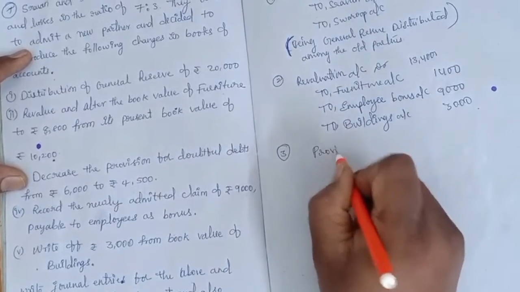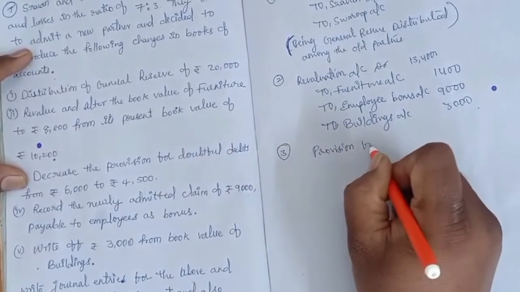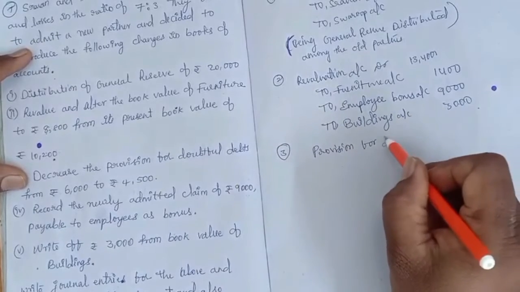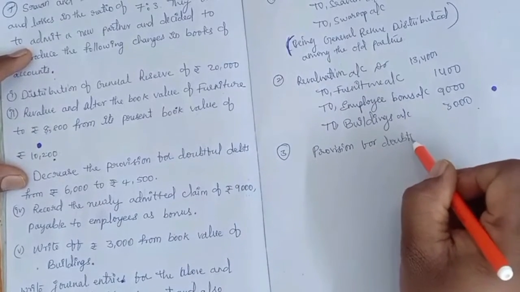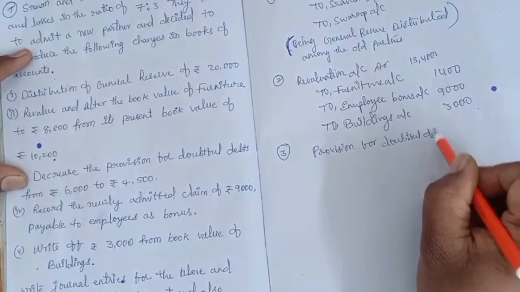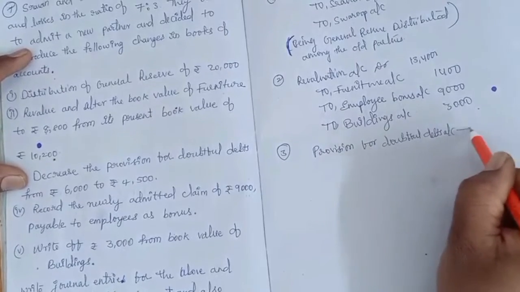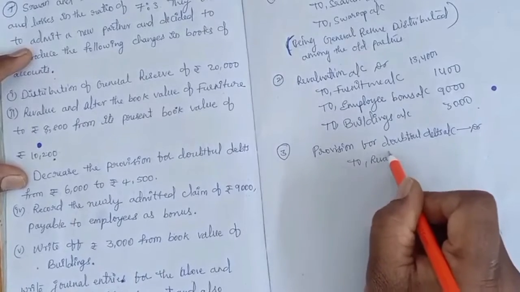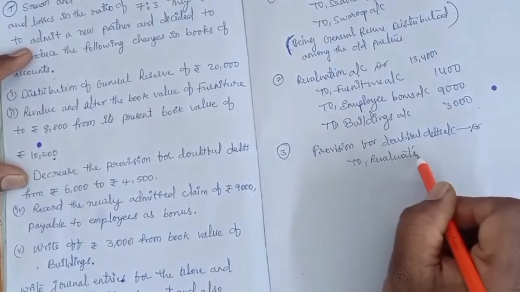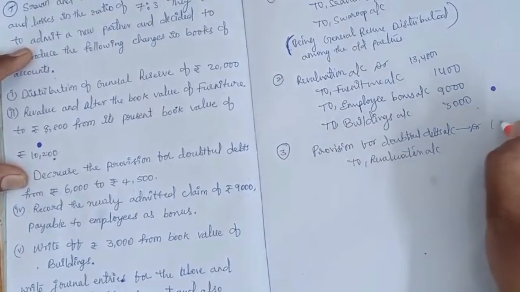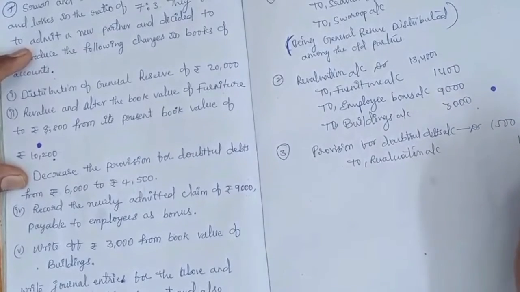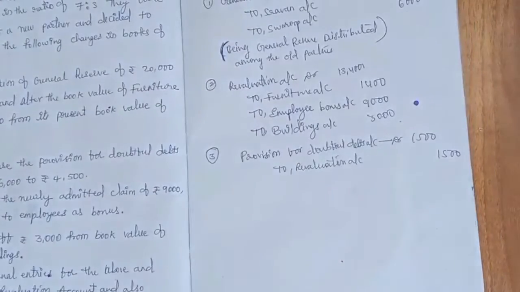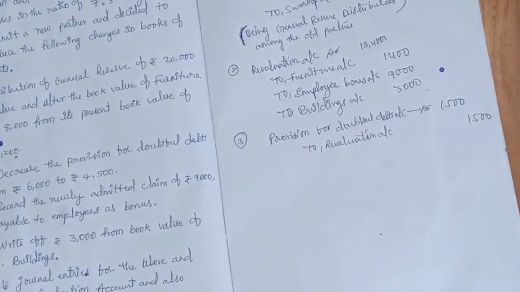So provision for doubtful debts account DR to revaluation account, 1,500.